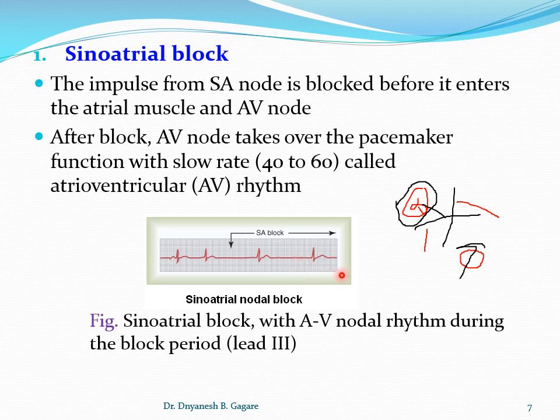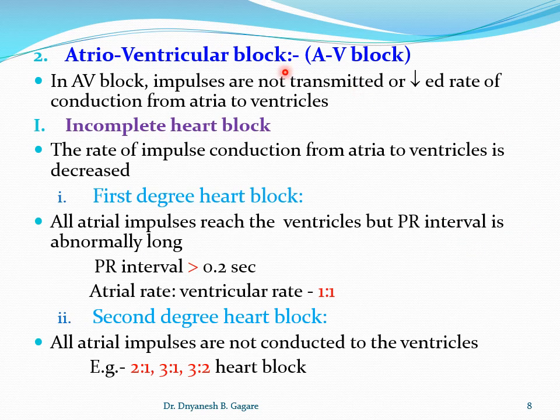Okay, then we'll go to the next slide. Students, the next type is atrioventricular block. Under the atrioventricular block, impulses are not transmitted.